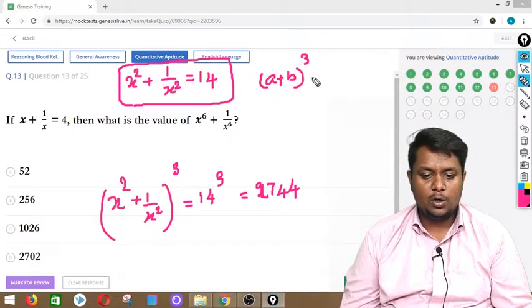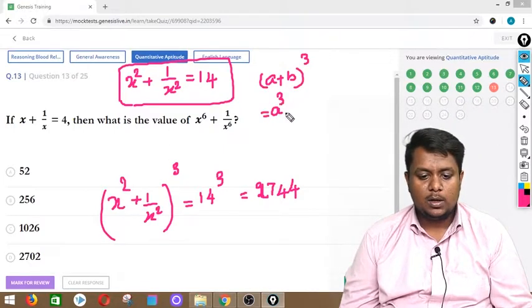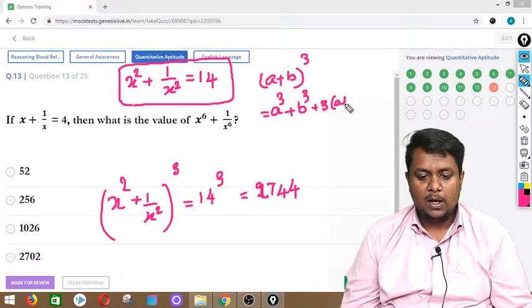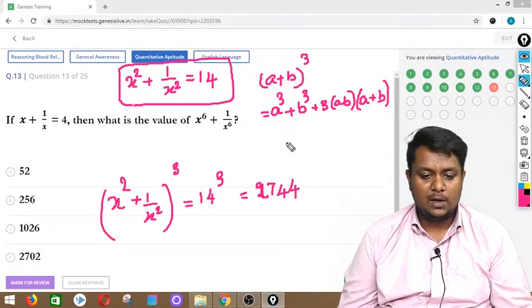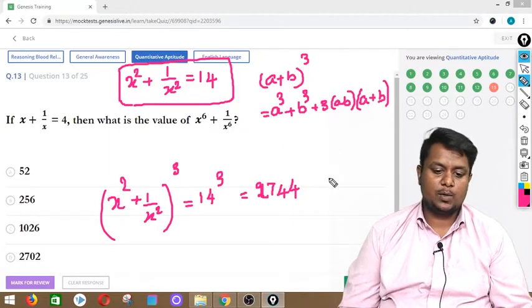A plus b the whole cube is a cube plus b cube plus 3 into ab into a plus b. Now here a value is x square, b value is 1 by x square.